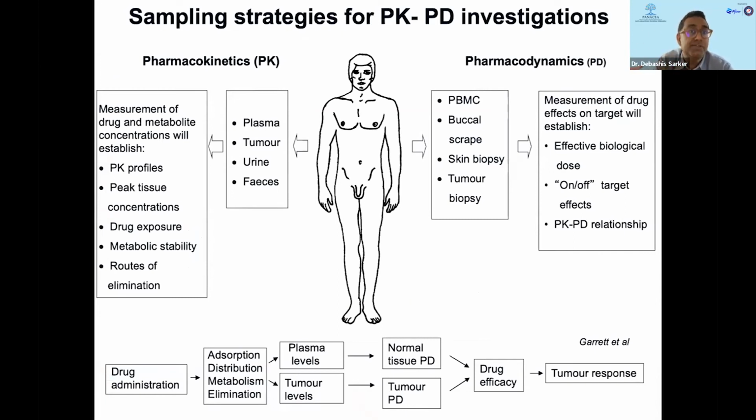This slide really just goes through the main sampling strategies that we employ for understanding pharmacokinetics and pharmacodynamics, and being able to understand the PK-PD interaction is absolutely critical. Okay, and referring back to that preclinical data, from an oral drug perspective, we need to also understand what we call ADME: absorption, distribution, metabolism, and elimination.